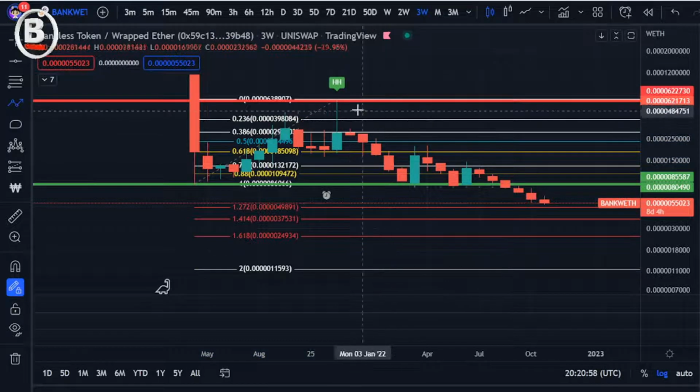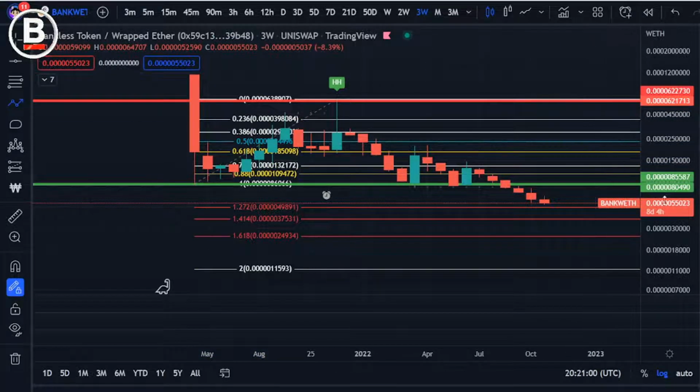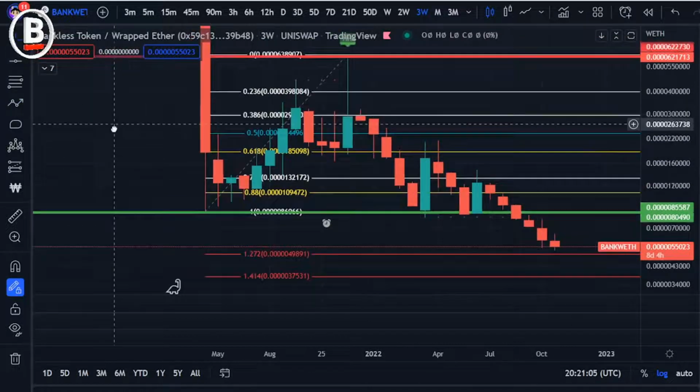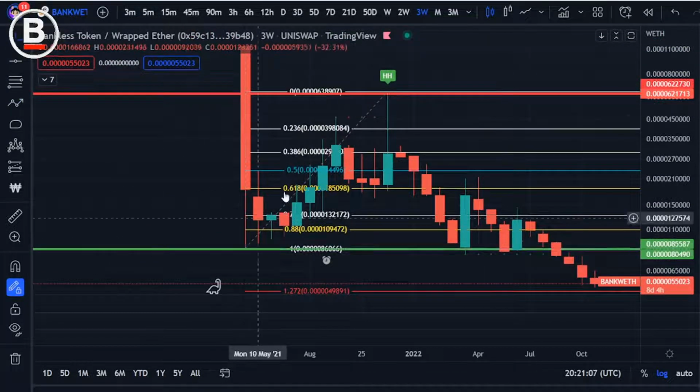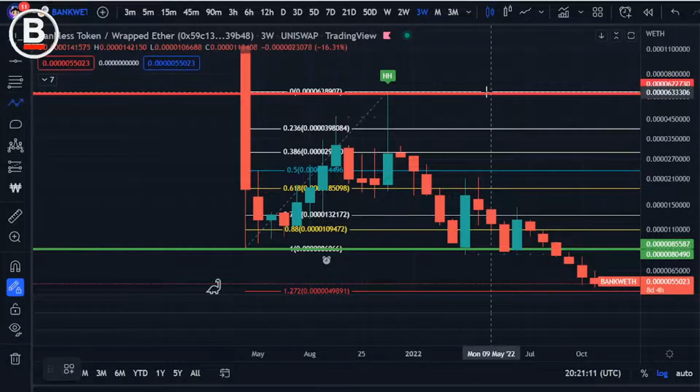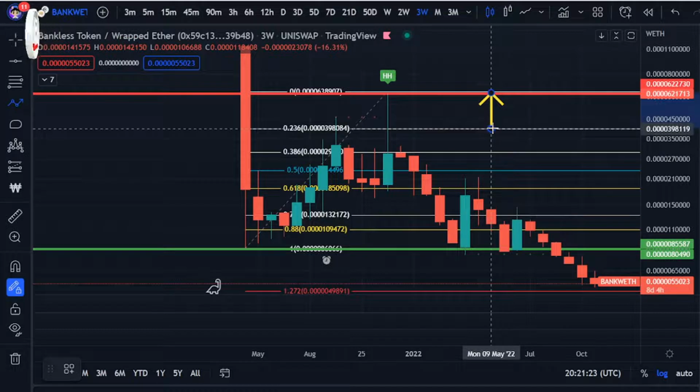And so what this says is that from this low to this high, if we're to come down to this line, that is a 23% move. Right? At this point, it's 23% on sale, essentially.